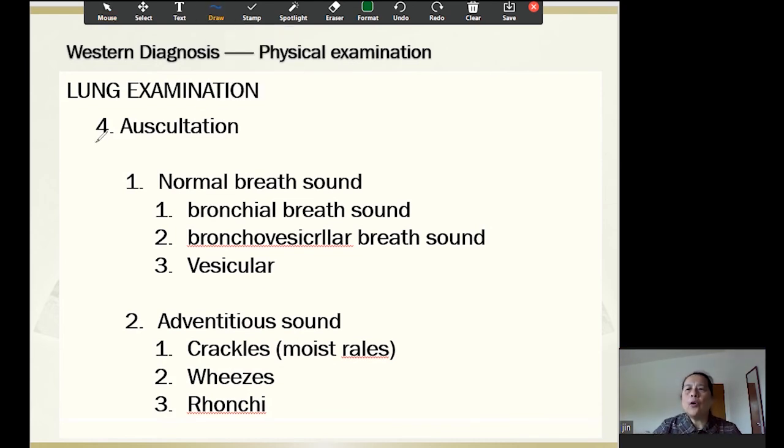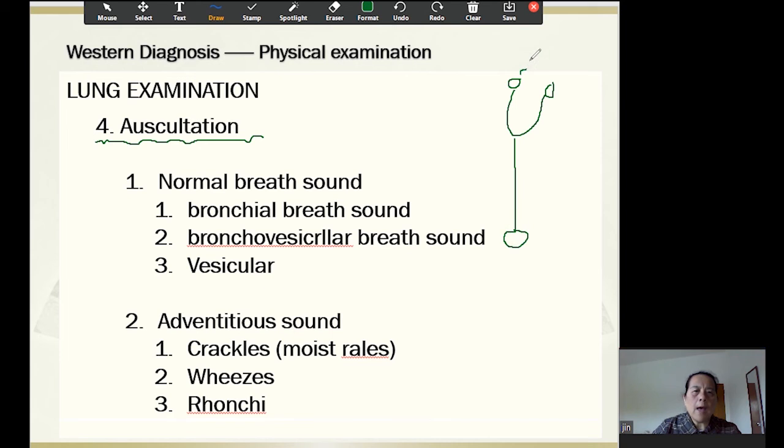Then the fourth checking way, auscultation. That means we use a stethoscope, and then we hear the sounds coming from the patient.